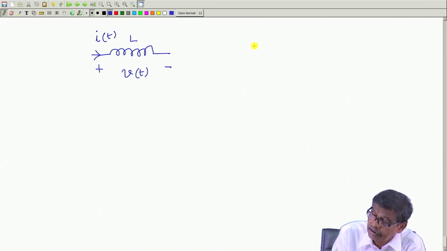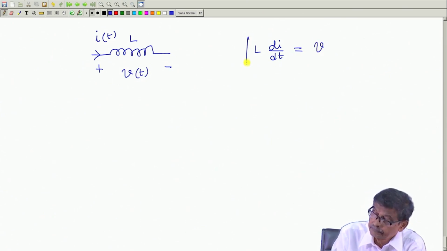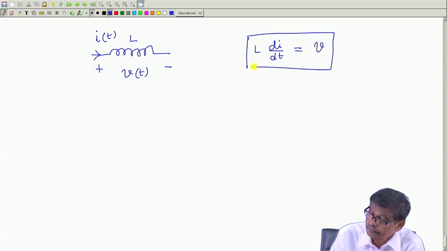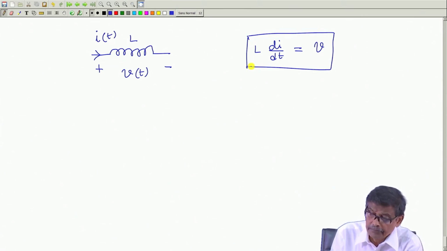Therefore, I know that L dI/dt is equal to V. This is always true. My problem is, I want to find out the current.